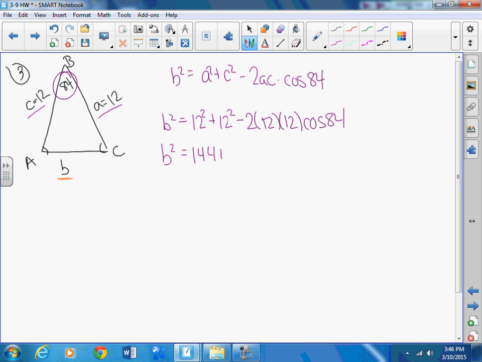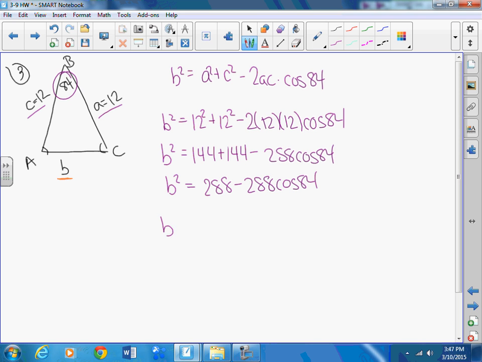That's 144 plus 144 minus 2 times 12 times 12, 288 times the cosine of 84. So that's going to be 288 minus 288 cosine 84. Notice I'm not putting anything in yet in the form of a decimal. I know that the cosine of 84 is going to be gross, so I'm going to wait till the very last second to actually punch it into something.